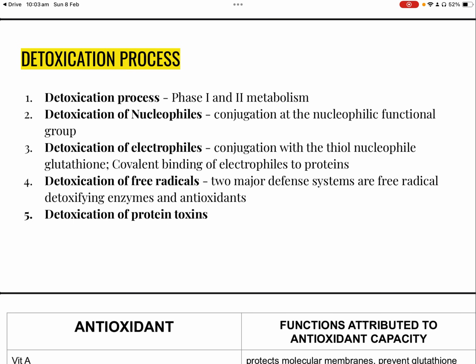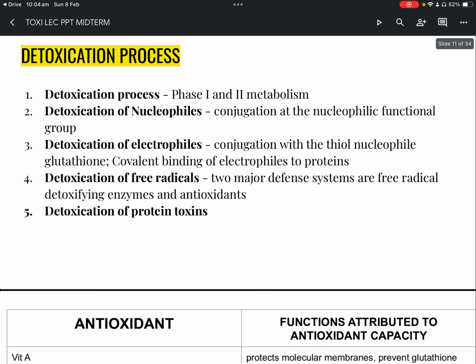So basically, that is how the detoxification process works. There is detoxification first of nucleophiles, and then electrophiles, and then free radicals. Then lastly, detoxification of protein toxins, which is then excreted outside your body. And it follows the phase one and phase two metabolism.